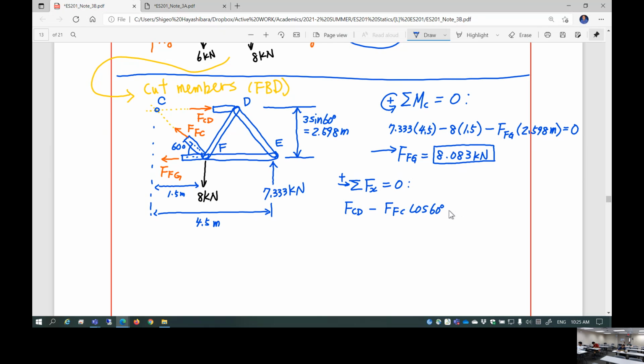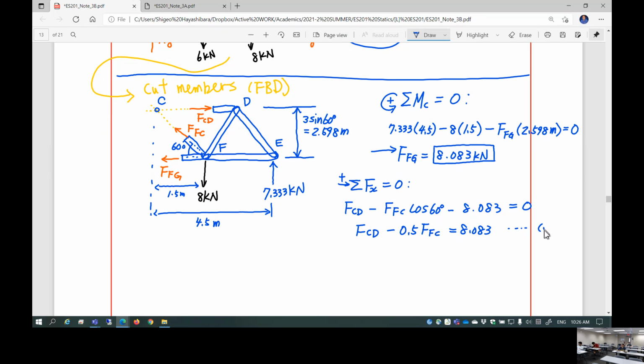And minus FFG. Yeah, so FFG is 8.083 is equal to 0. This is two unknowns. I don't like it. I should have gone FY, but too bad. Anyways, oh man, this is the wrong choice, but Melissa's way is much better. But anyways, I'm going to continue. 0.5 FFC is equal to 8.083 kilonewton.